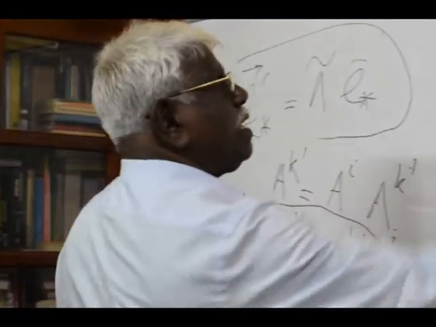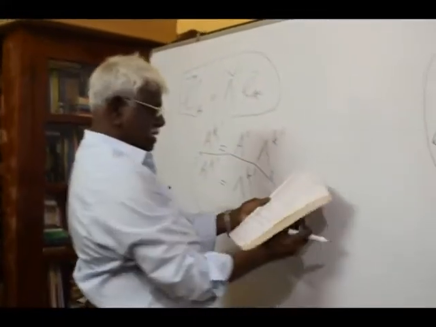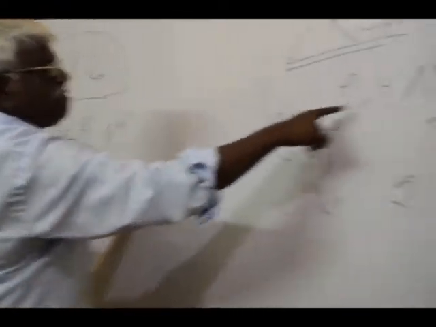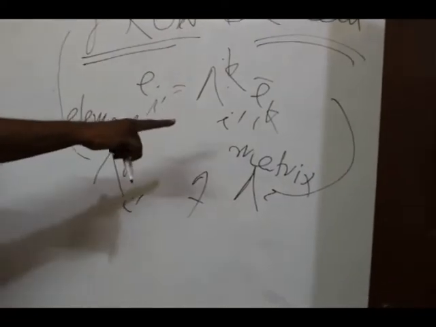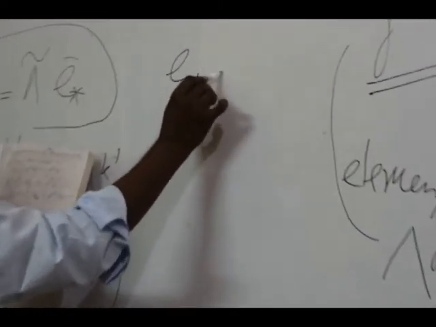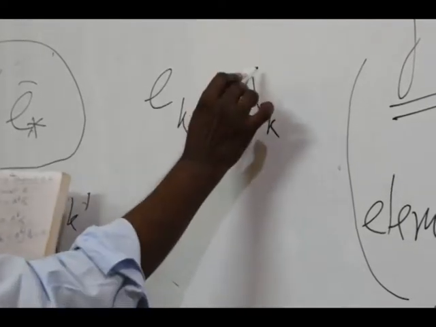Now consider the transformation formula for ei dash expressed in terms of the old basis. Now ek, I write ek is equal to lambda k, i dash.